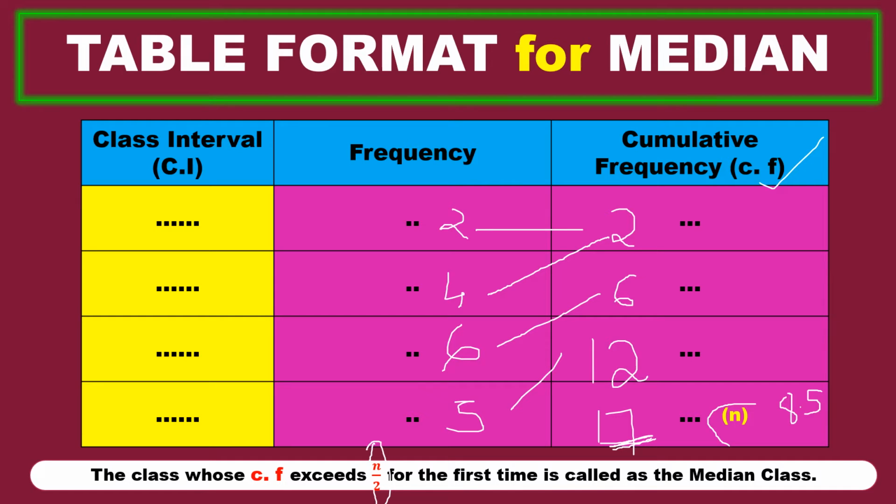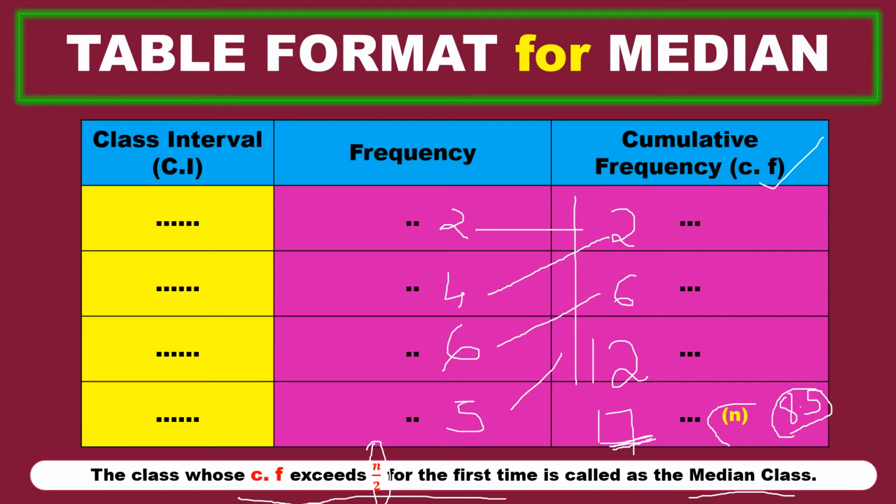What is the median class here? Whatever the n by 2 value is, the class whose CF exceeds it for the first time. In this CF, you should check which is the greater value than this 8.5.